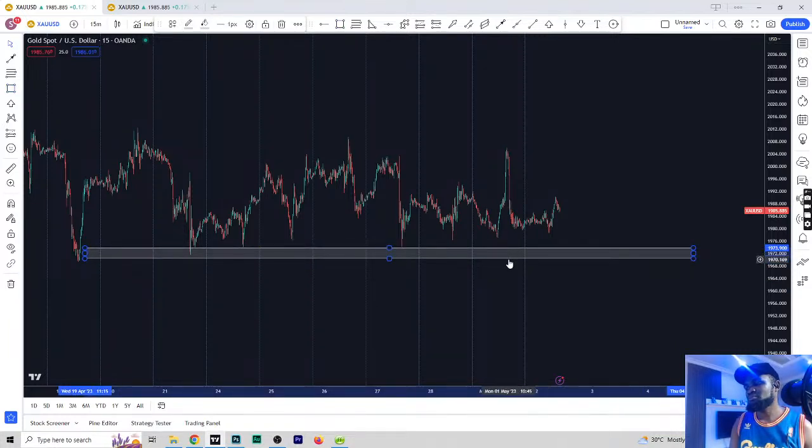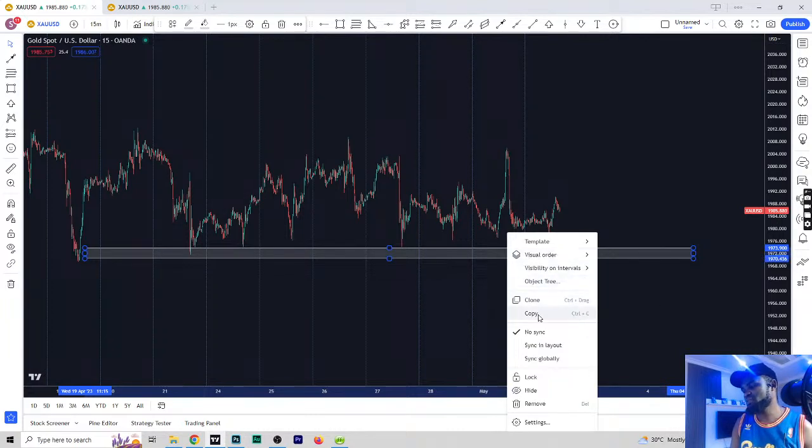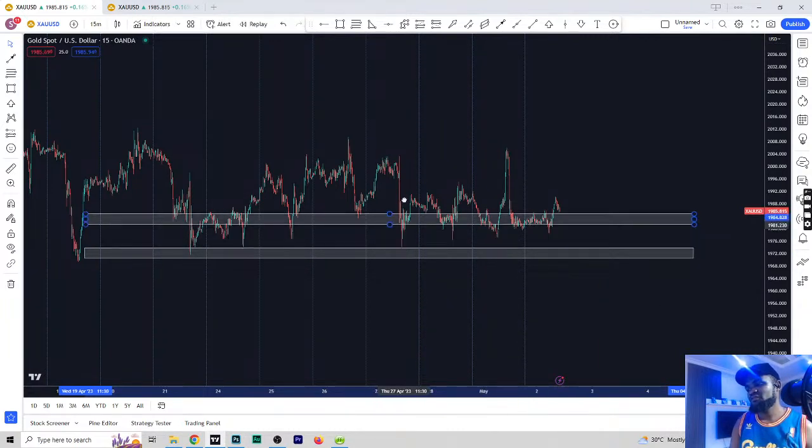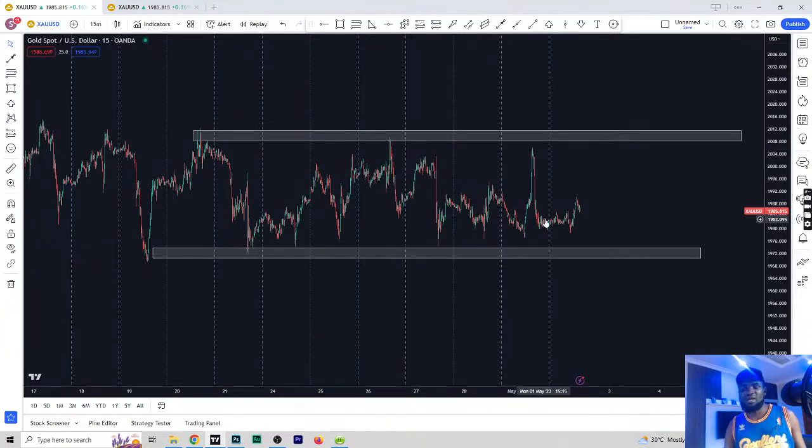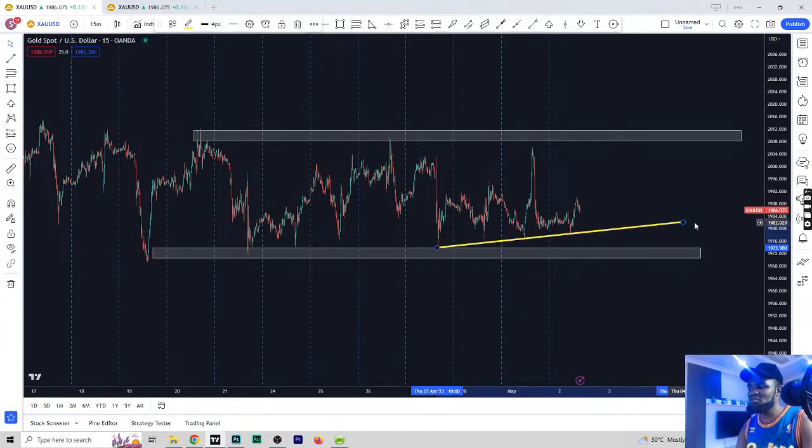So we have a zone here of support, we have a zone here of resistance, and we have a clear visible chart pattern. You can think about where you think the market can go. If you draw a little bit of a line, you can even draw your line here, then you know the trend.